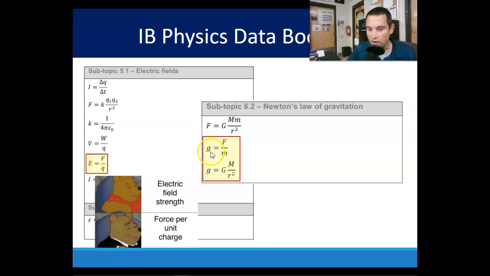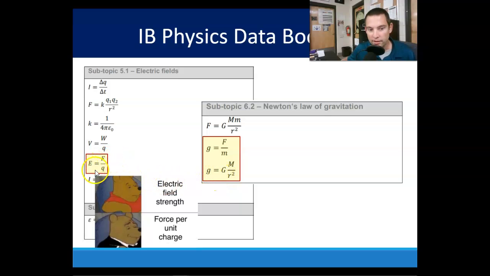We have gravitational field strength to be force over mass. This is in topic 6.2, notice. And then we have acceleration due to gravity solved using Newton's law of gravitation. Right, so if we plug Newton's law of gravitation in for this force right here, and we solve, we're going to get this, which represents g.